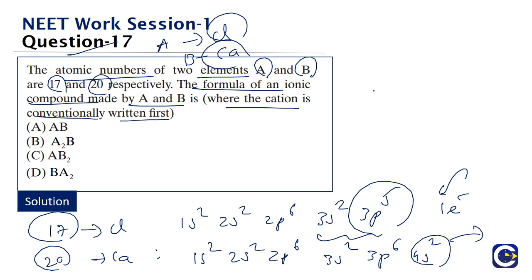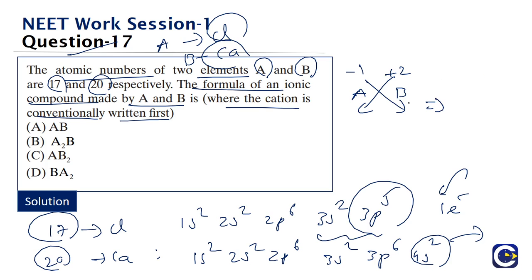So A, which is chlorine, has a valency of -1 because it wants to gain 1 electron. B, which is calcium, will have a valency of +2. To find the formula, we remember the crisscross method. We crisscross the valencies, and when we write the formula we can omit the signs.